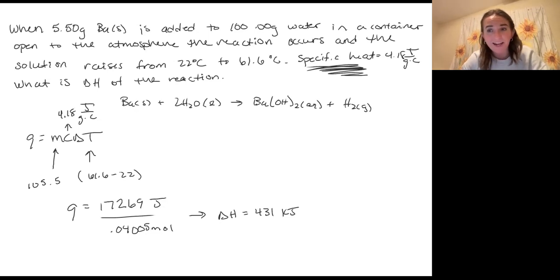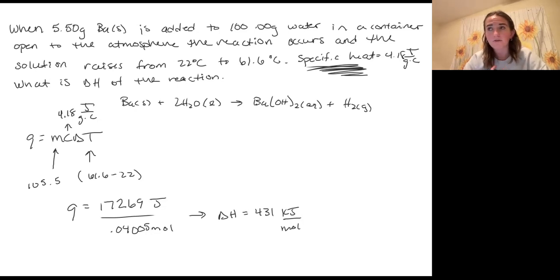Okay, right. So that was going to be my next question. We got a positive 431 kilojoules per mole. But if we look at the answer key, we know that this is not the correct answer, right? We know it should be negative. It has to be negative because if we look at the temperature of our surroundings, we go from 22 to 61.